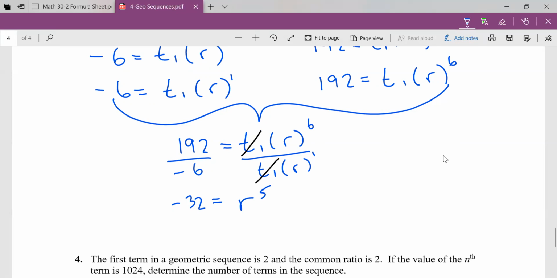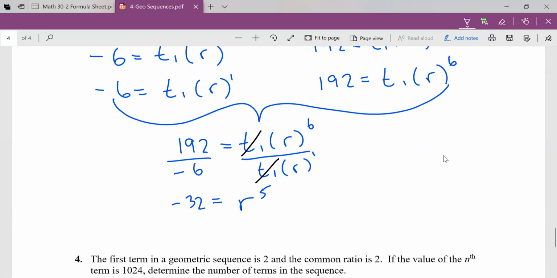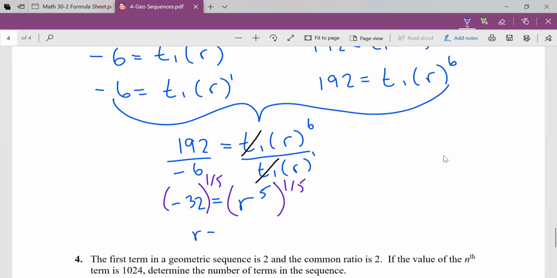Well, now how do I isolate for r? To isolate for r, I'm going to take the 5th root of both sides, or that's the same as saying I'm going to raise each side to the exponent of 1/5. And so I'm going to get r is equal to -2. There's our ratio.